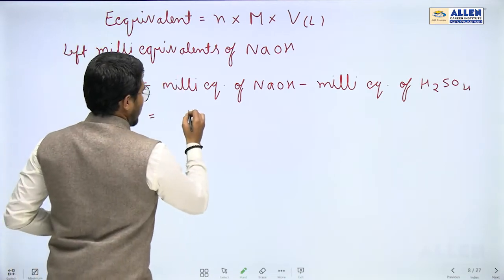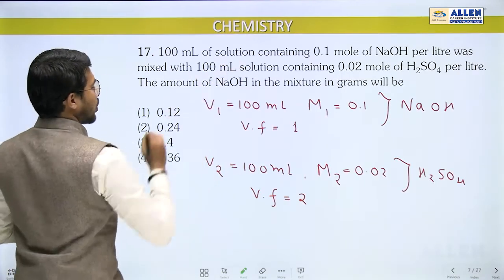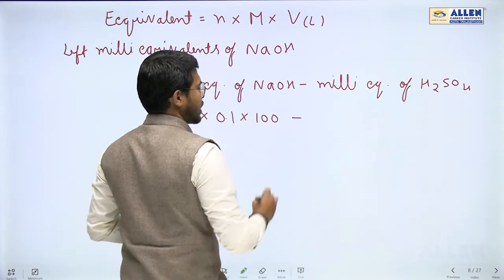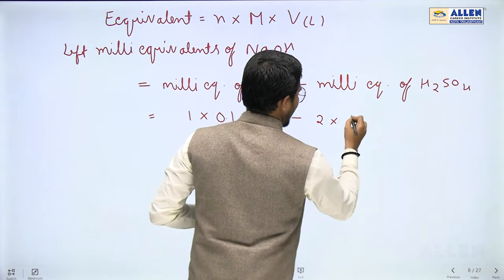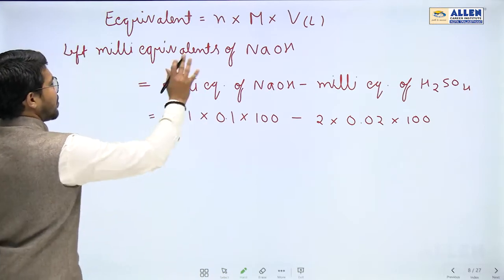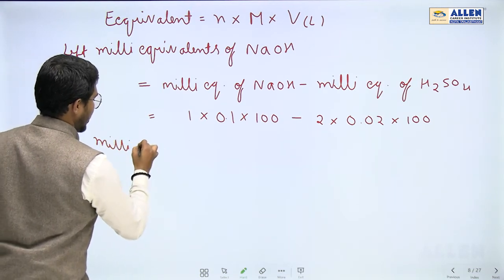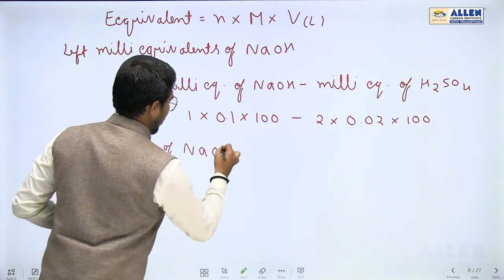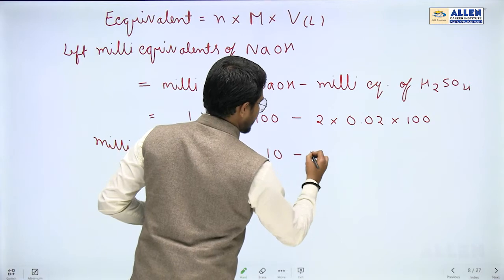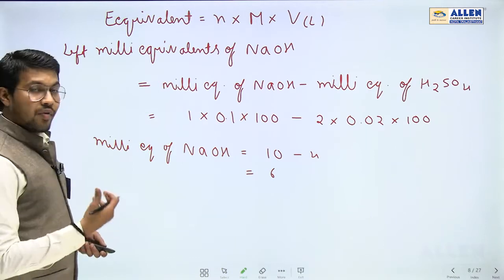In this case, we have valency factor 1, molarity 0.1 and volume 100, minus, in case of H2SO4, valency factor 2, molarity 0.02 and again volume 100. So what will we get? Milliequivalents of extra NaOH. Simply 10 minus 4, that is 6. Okay, so these are the left milliequivalents of NaOH.